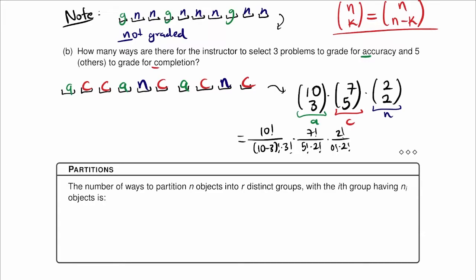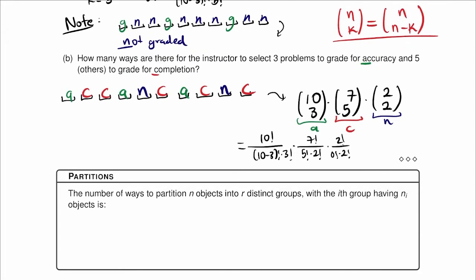So this is cancelled out, this 10 with this 10. So at the end we have 10 factorial over 2 factorial, 3 factorial, and 5 factorial. And this is going to be 2520.